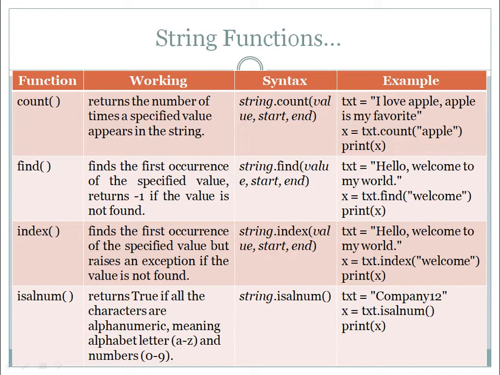So this function will return true if all the characters are alphanumeric, that means if all the characters are either alphabets or numbers. Otherwise it will return false. What will give false? Special characters. If you are using any special characters in your string, this will return false.